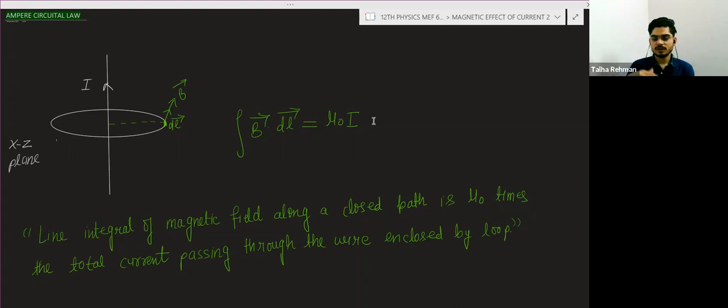This law is very simple, and the calculation of the magnetic field with the help of this law will become simple. And this is a closed surface, so you can write this also. Just copy this.